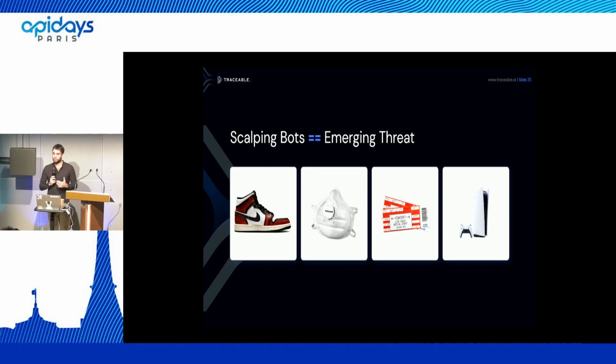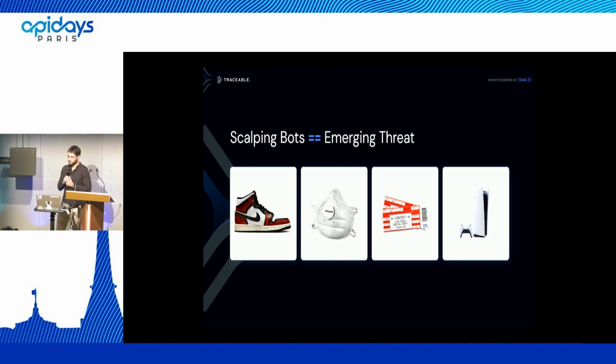One thing that we're going to talk about in the new list is scalping bots. Are you guys familiar with scalping? Yeah. So, what's shared between sneakers, COVID masks, tickets, and PS5s? All of them were targeted by scalping bots. What is a scalping bot?